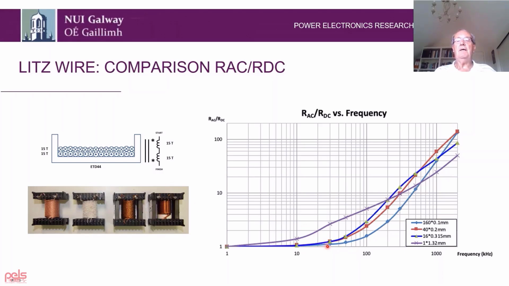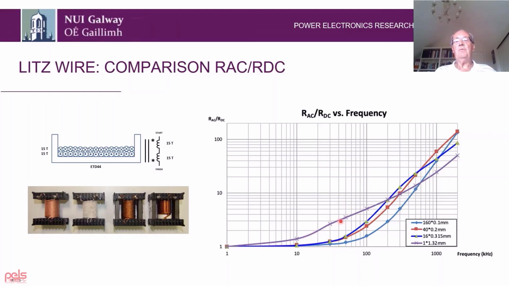We then divided it into a number of strands. We had 16 strands, we had 40 strands, and finally we had 160 strands. Now, I want to recall that all of the conductors here have exactly the same cross section.